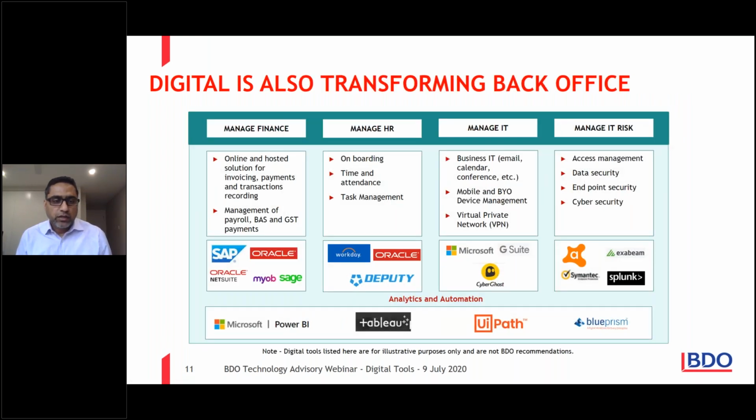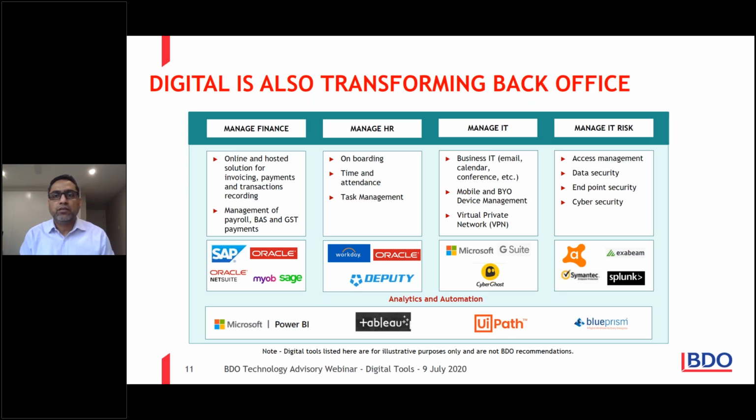Now, we touched upon as a part of the framework, it's not only looking at the customer-facing activities, but also looking into the back end of the processes and making sure that they are humming and helping you deliver what you're promising to your customers. So the first one is around managing the finance.